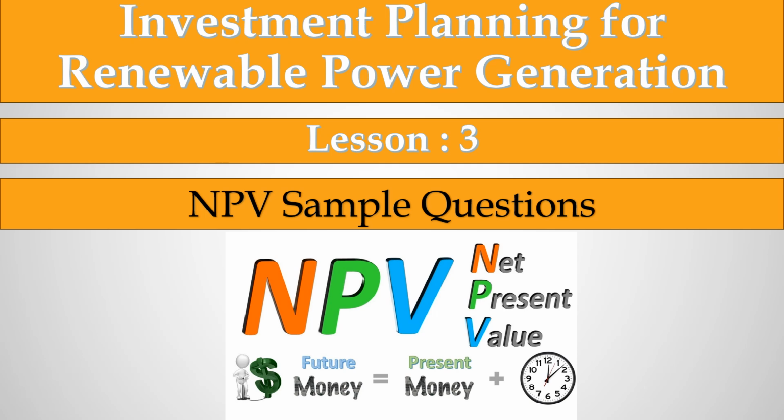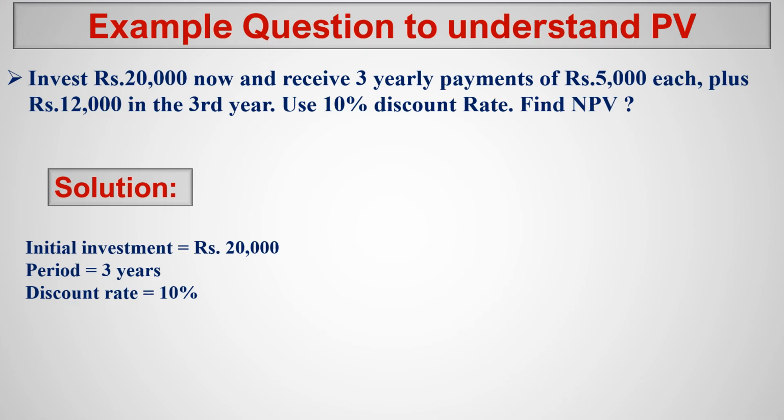I'm Dr. Nathan. Today we are going to discuss lesson 3 of the series on investment planning for renewable power generation. So we are conducting this series on how to make an investment plan. In the third lesson, we are going to look at another question on the NPV, applying the NPV technique to make a decision.